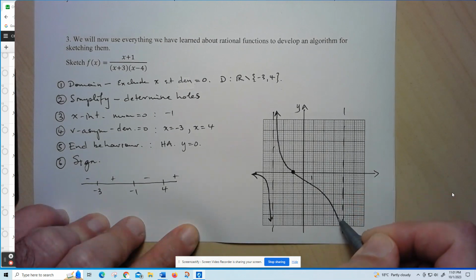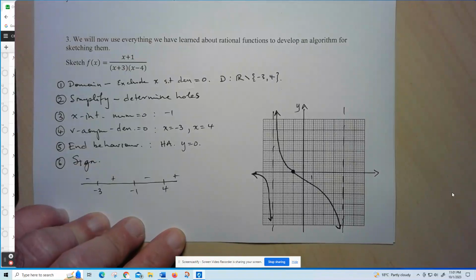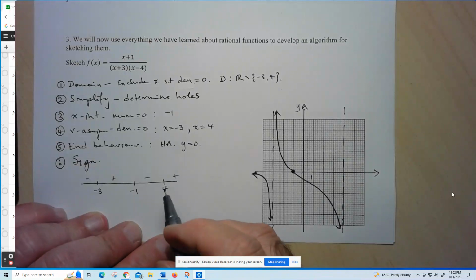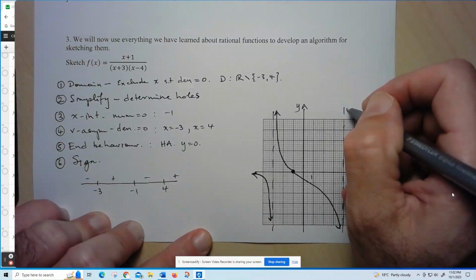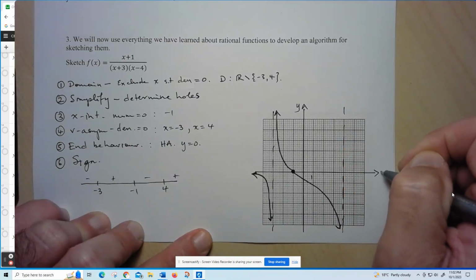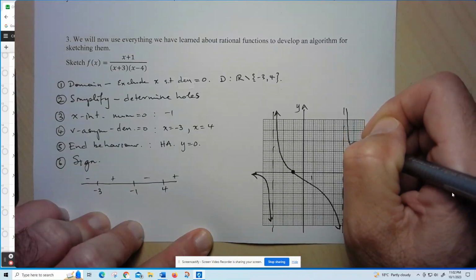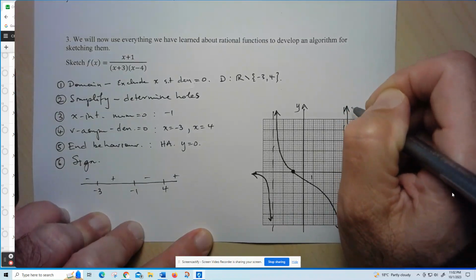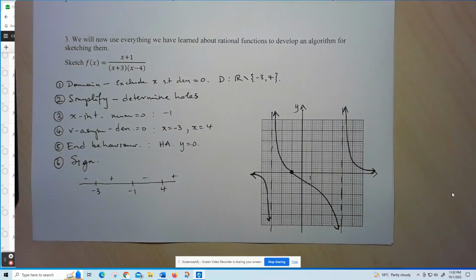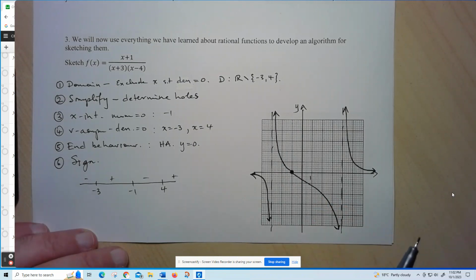So this is going to have to go to negative infinity. And similarly, it's positive beyond 4. So this has to go to positive infinity, and this has to approach 0 from the positive side. So without having to do any more work, I was able to get a good graph of this function.